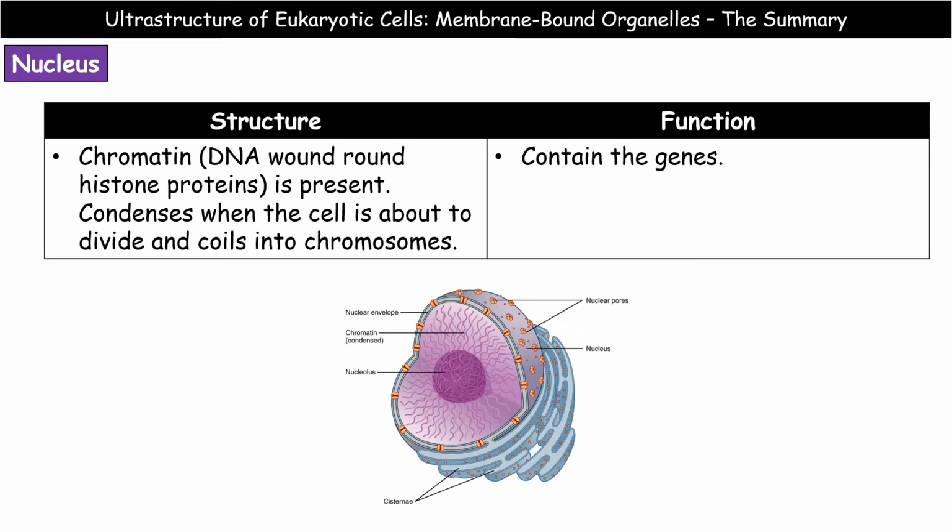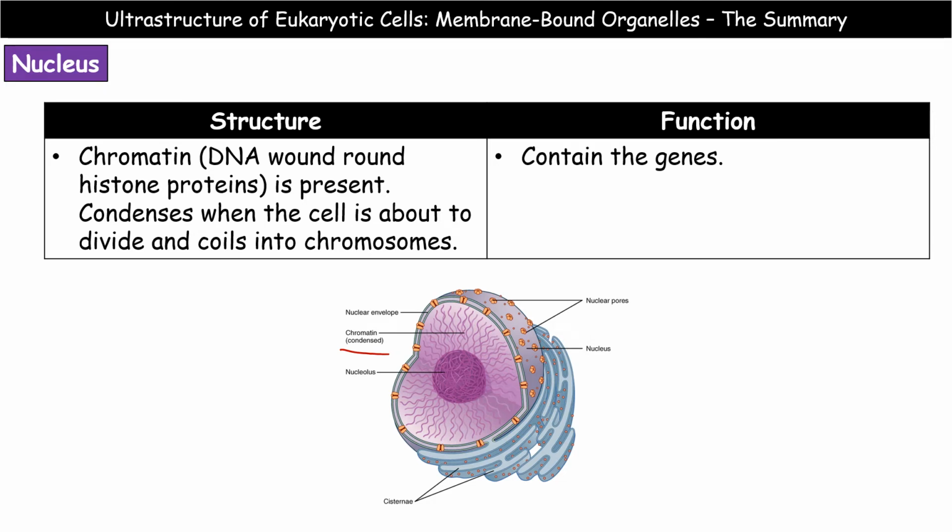The third key part of the structure of our nucleus is this material called chromatin. We can see chromatin here, okay, these are the little wavy lines in the diagram. When we talk about chromatin, this is DNA that's been wound round proteins called histones.